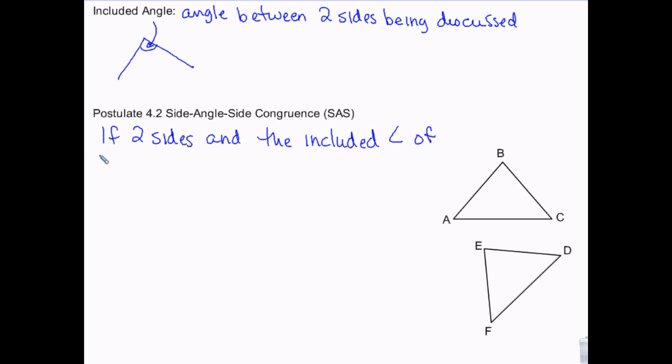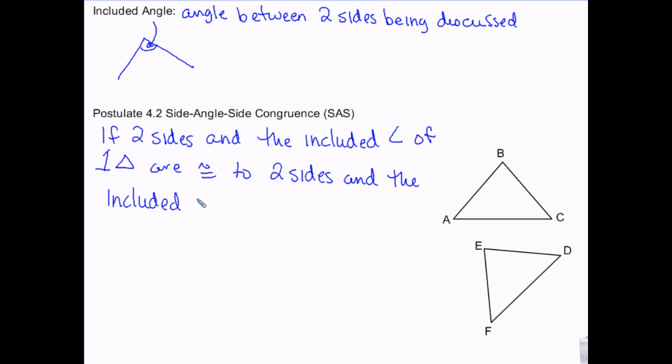Okay, and so we have side angle side congruence, which says if two sides and the included angle of one triangle are congruent to two sides and the included angle of another triangle, then the triangles are congruent.